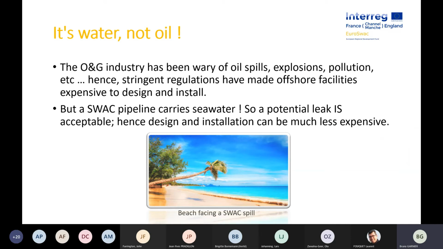And last thing, it's water and not oil. We usually use in SWAC systems the oil and gas industry standards, but the oil and gas industry standards are made for an industry that can generate much more pollution than SWAC.